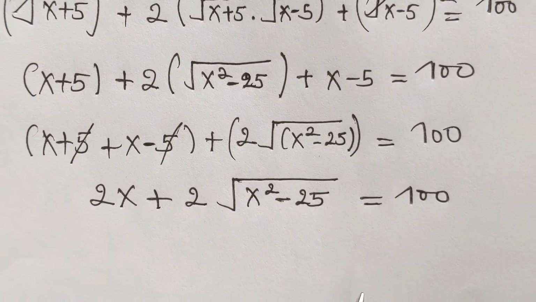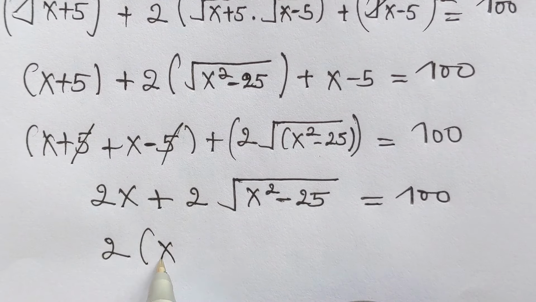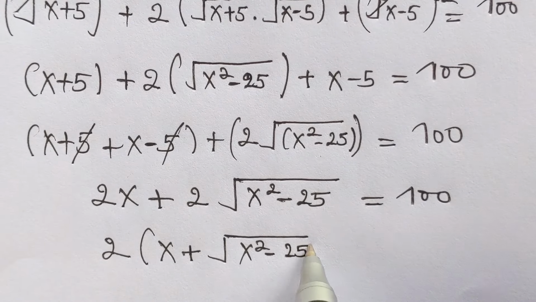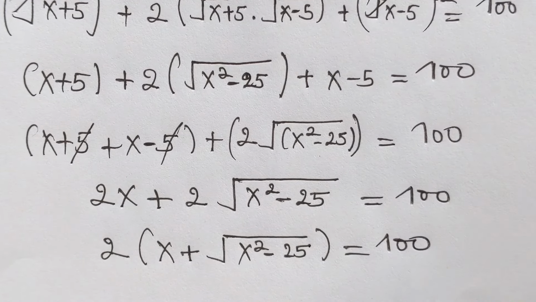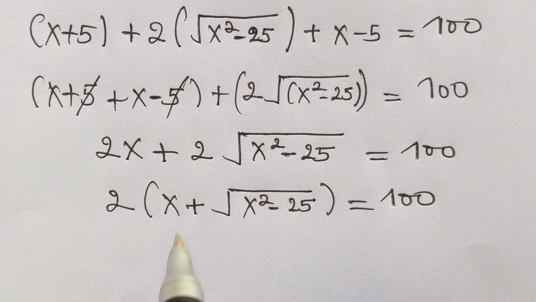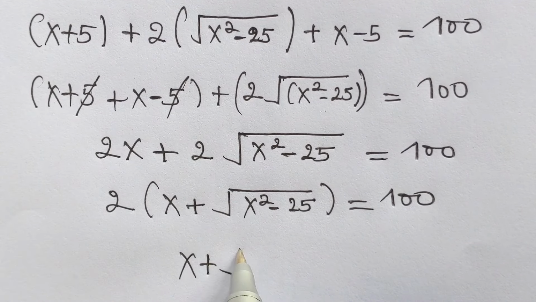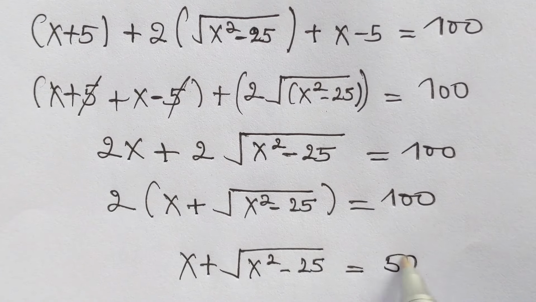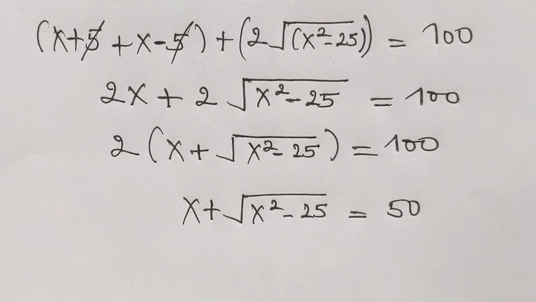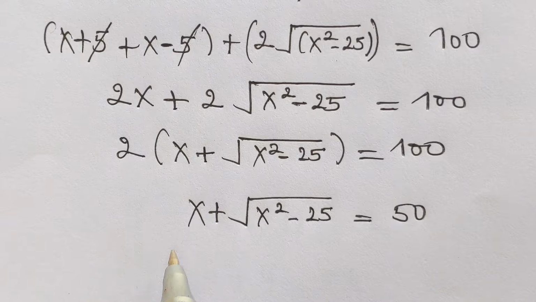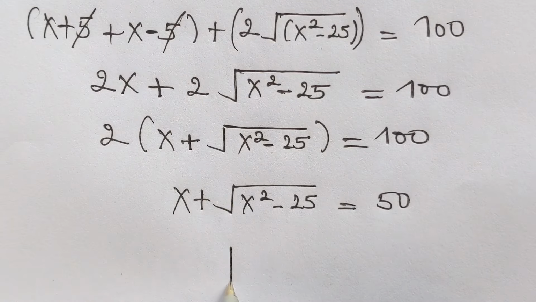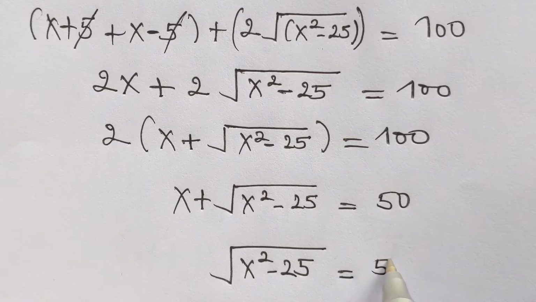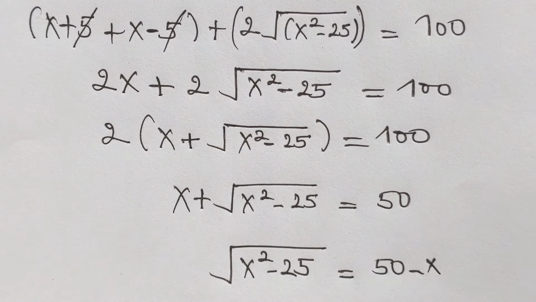We can factorize out 2 to get x plus square root of x squared minus 25 equals 50. Then by changing the position of x, we get square root of x squared minus 25 equal to 50 minus x.